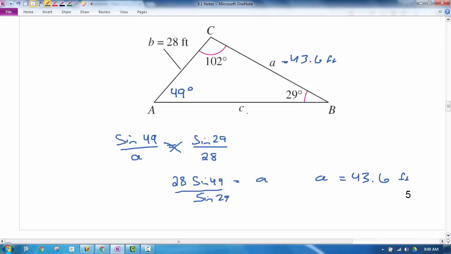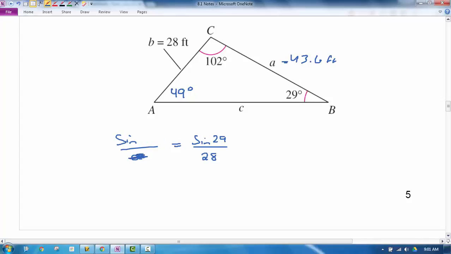Then C is the other one I'm going to find. I'm going to do the same exact thing I just did, only now with C. So I'll go back up here and replace this relationship with C. I'll put angle C here, which is 102, and I'll put side C here, and I'll solve the same exact way I just did. I'll cross multiply and get 28 sine of 102 equals C sine of 29.